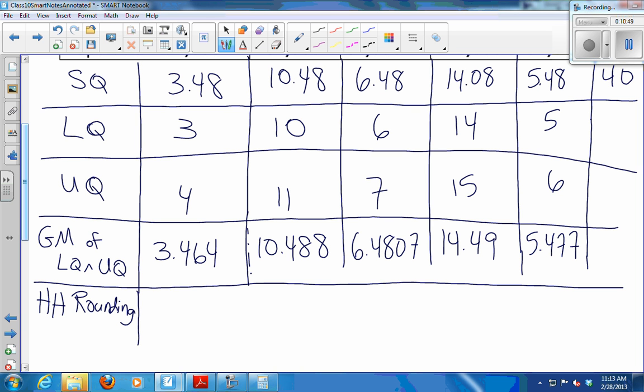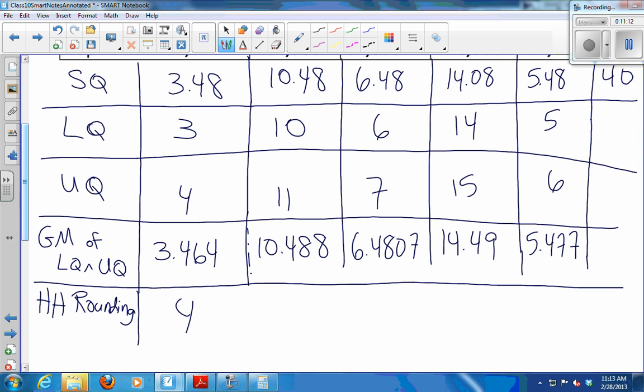Okay, so 3.48 compared to 3.464. Standard quota, is this above or below the geometric mean? It's above, so we round up to 4. Okay, 10.48 compared to 10.488. Is 10.48 above or below?